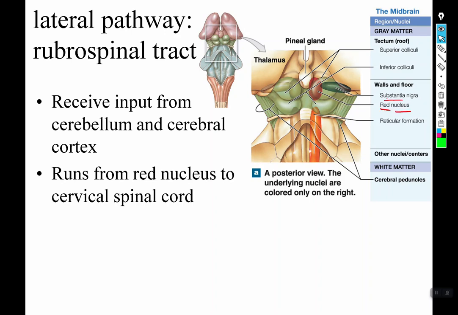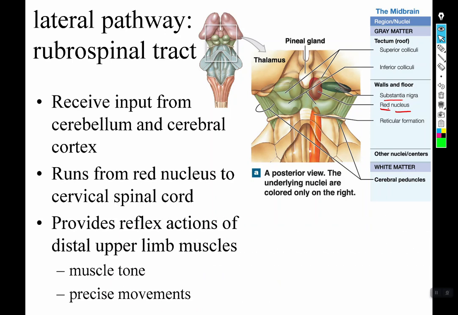So this runs from the red nucleus, where cell bodies of upper motor neurons live, and in response to input from the cerebellum and cortex, runs from the red nucleus to the cervical spinal cord, and the cervical spinal cord gives rise to the brachial plexus, which innervates your arm. And this provides basically reflex actions to the distal upper limb muscles specifically.